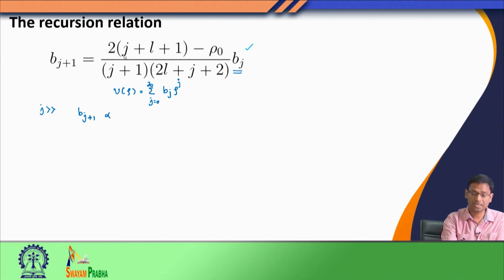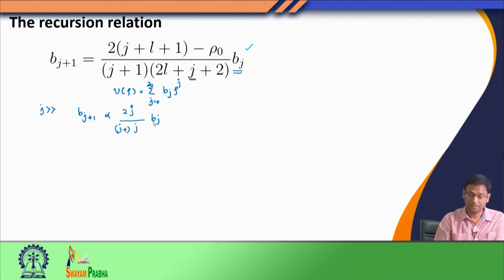Since j is very large, this term I can write as 2j, since j is very large compared to L and 1. And since j is very large, I would expect that this would also be much greater than rho 0, so I am writing only j, and here I would write j plus 1 multiplied by j, where again j is very large compared to L and 2.